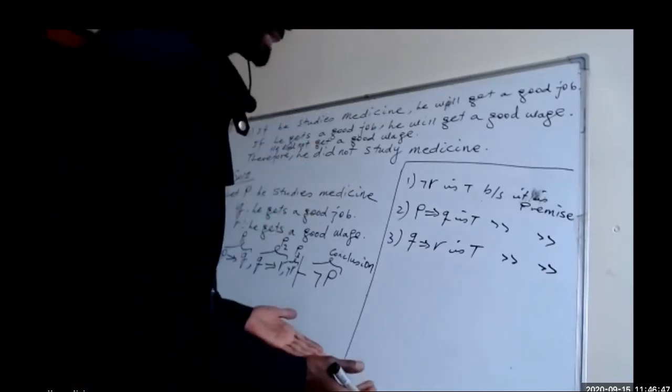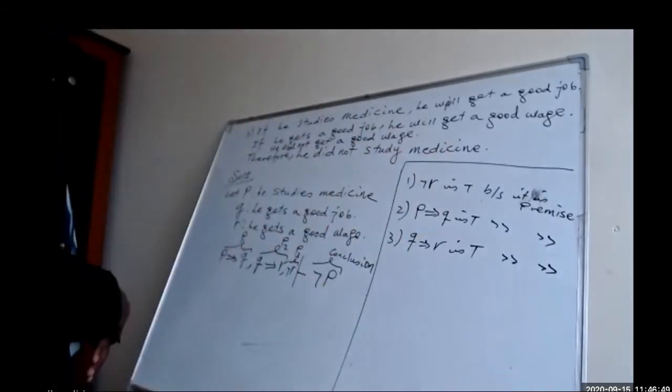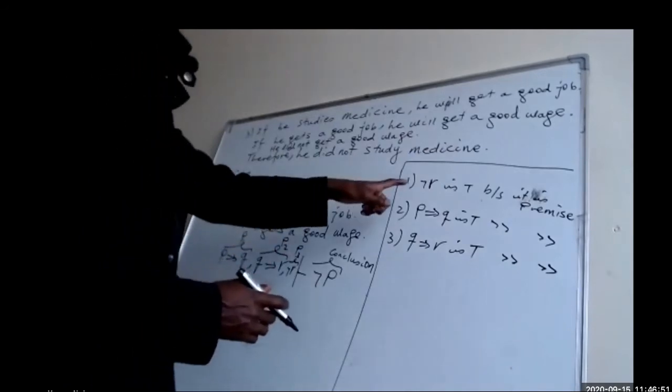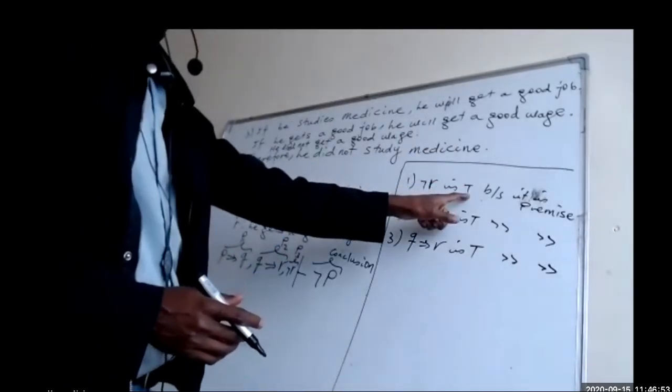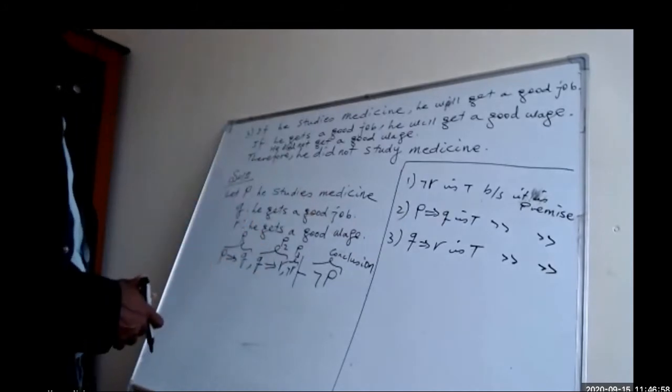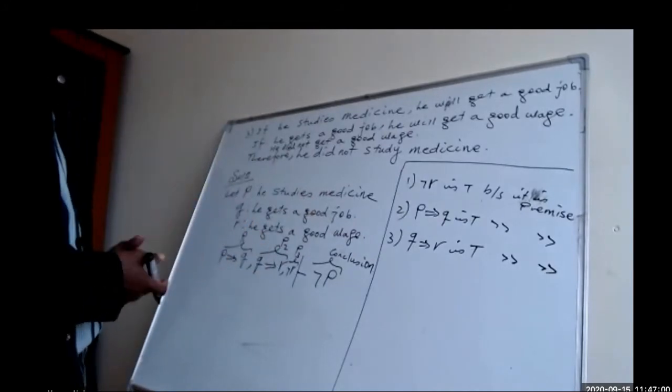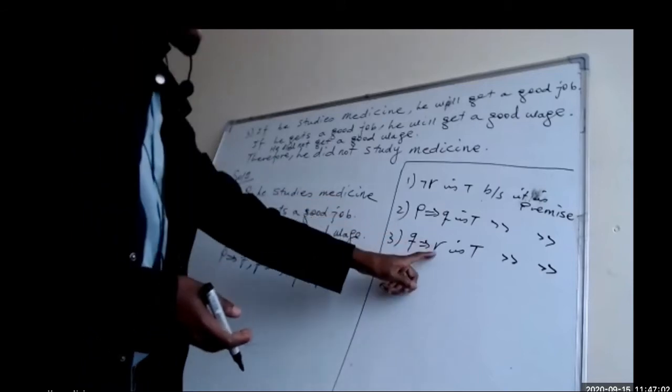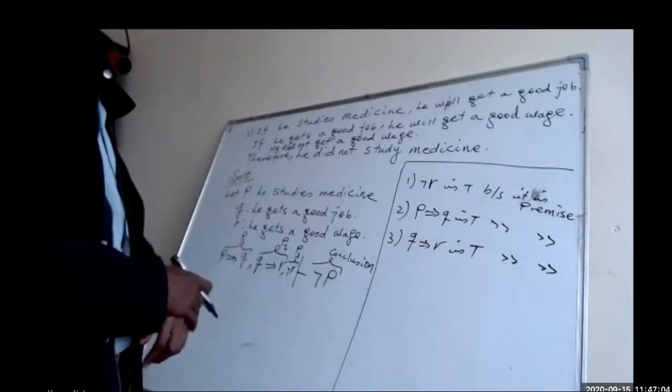Therefore, if they are premises, the truth values are true. Okay? So if negation of R is true, clearly R has false truth value by rule of negation.